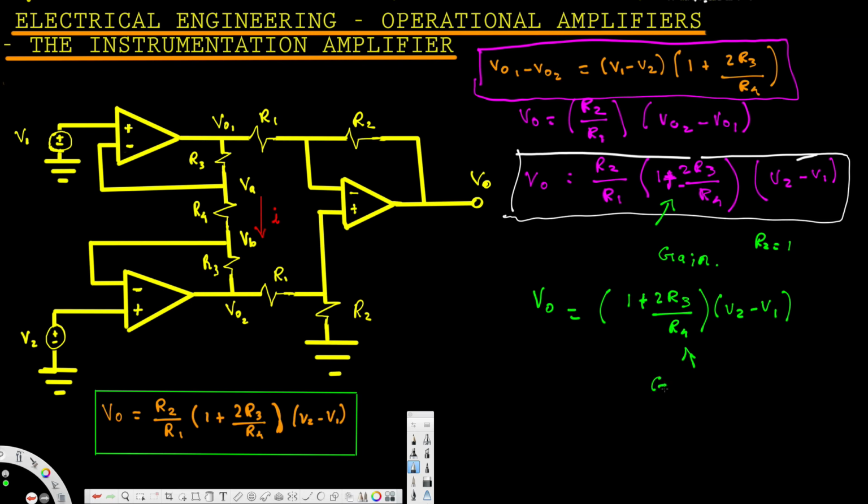We call the gain A, and that is equal to 1 plus 2R3 over R4. In that way, we can express this as VO is equal to A times (V2 minus V1). Okay, so this is going to be our final expression.